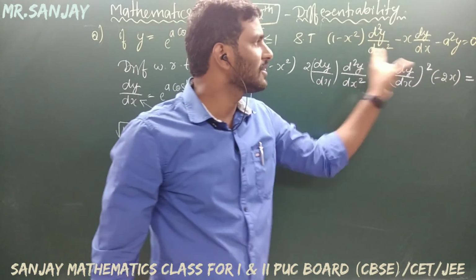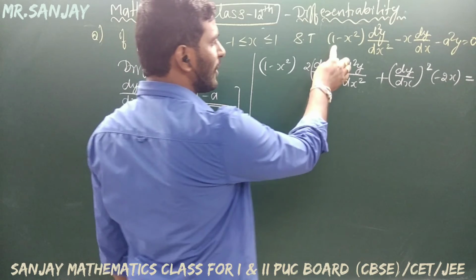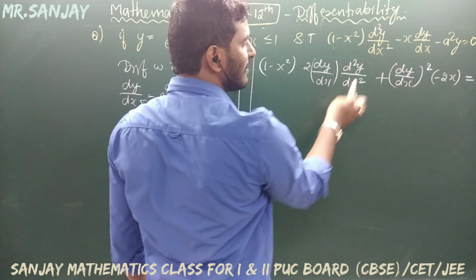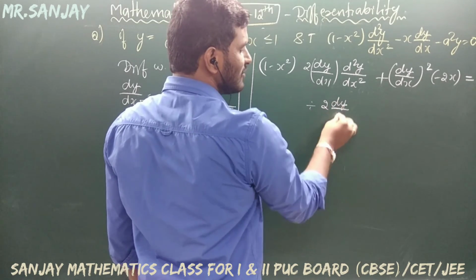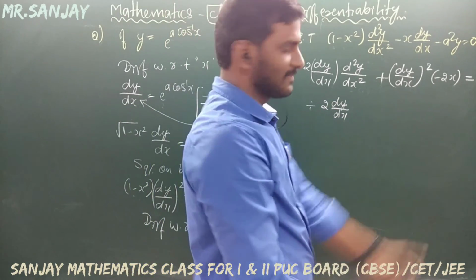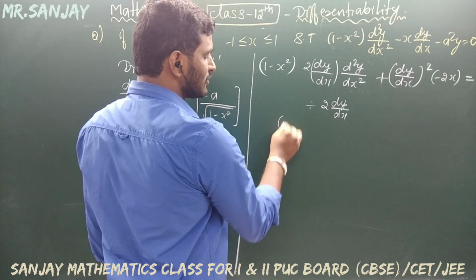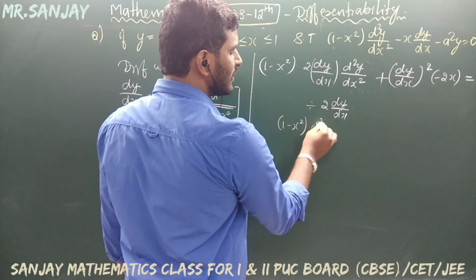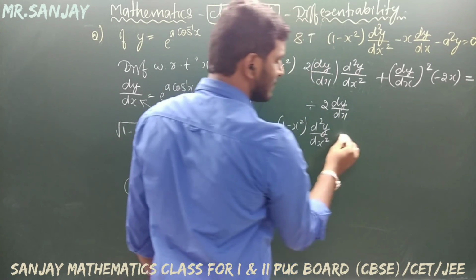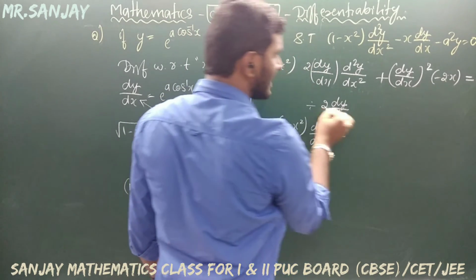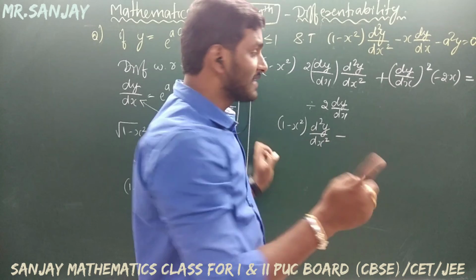So observe the given equation. Here 1 minus x square is there, d square y by dx square is there, extra 2 into dy by dx is there. You just divide each term by 2. Hence you just cancel. So 1 minus x square into d square y by dx square, plus into minus, 2 gets cancelled, dy by dx, one term gets cancelled.